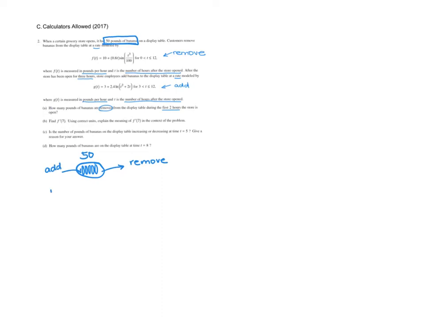So the number of banana is going to equal to 50 plus the number of banana added minus the number of pounds of banana removed.